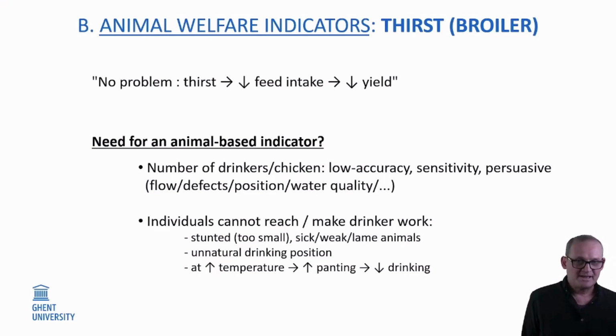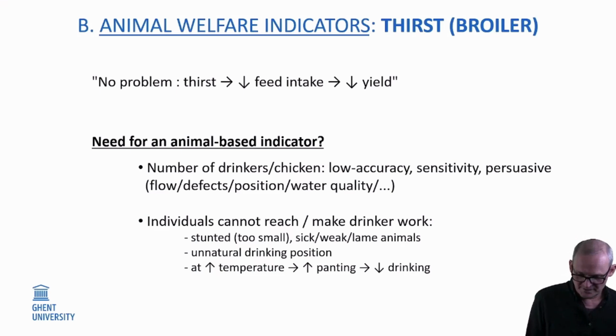But also it cannot be excluded that some individuals within the flock have difficulty reaching or operating the drinker. I'm thinking, for example, about broilers that don't grow as fast as the average of the flock, those with stunted growth, or those animals that are sick or weak or lame and therefore have difficulty accessing the drinking points.